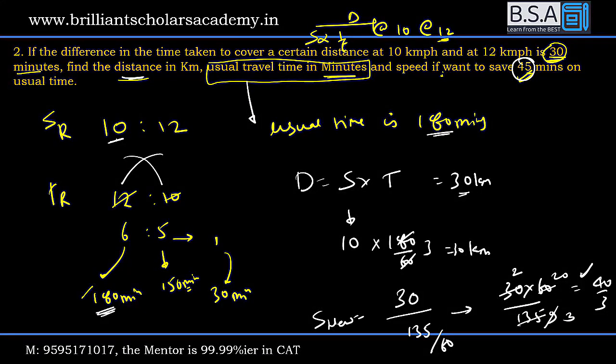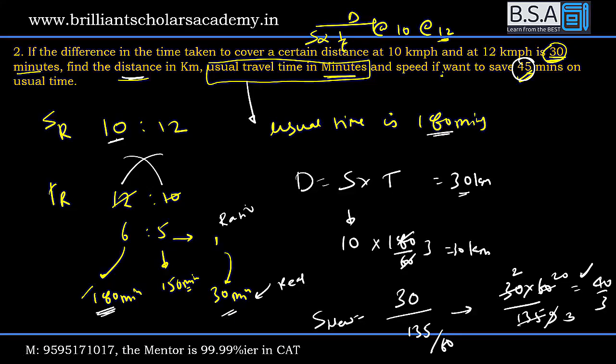I showed you 12 and 10. Time ratio is reversal, 12 and 10. 6 by 5 time. I can see 1 minute being saved in the ratio. In reality, the saving is 30 minutes. So how do you convert 1 into 30?